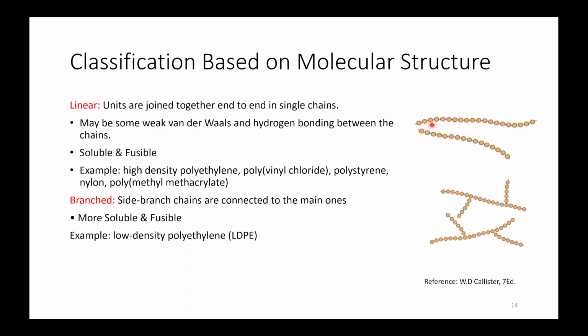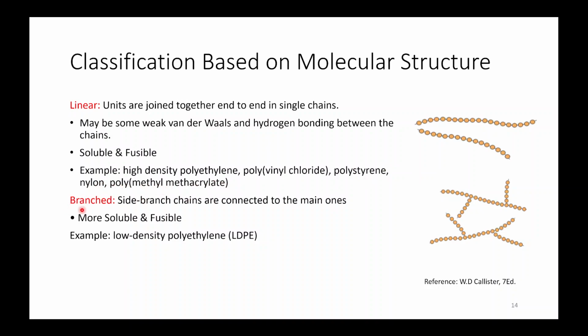Along this chain, these atoms are bonded by covalent bonding, but between these chains there will be secondary bonding, which can be either van der Waals bonding or hydrogen bonding. These are soluble and fusible. Examples are high density polyethylene, PVC, polystyrene, nylon, polymethyl methacrylate, etc.